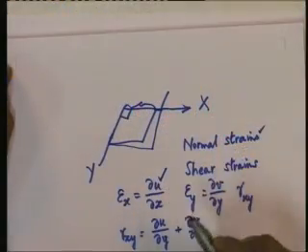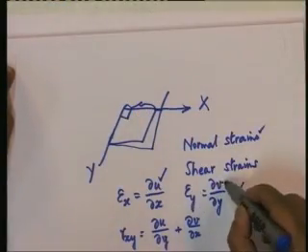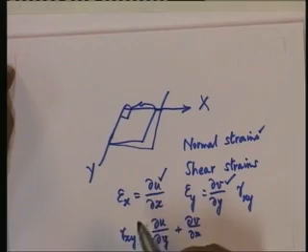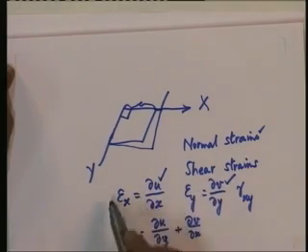Now, it is not really essential for our purposes at this point of time to go into the details of derivation of these expressions. Suffice it to understand that if we know the displacements u in the x direction and v in the y direction, we will be in a position to compute the strains epsilon x, epsilon y and gamma x y.